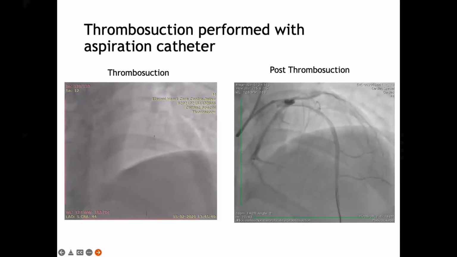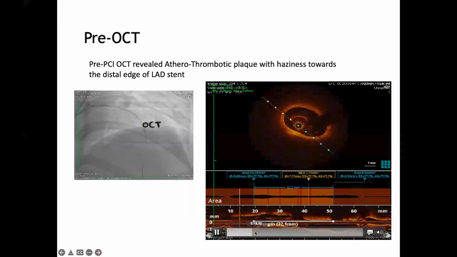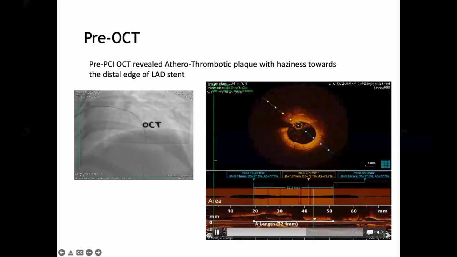And there's a lesion with a severity of around 60 to 70%, and we did the OCT pullback. OCT revealed in-stent hyperplasia and a borderline severity of the lesion, around 50-60%. Here it's a little tight, around 60-70, and there's a branch coming from it, and there was a thrombus beyond the distal edge.